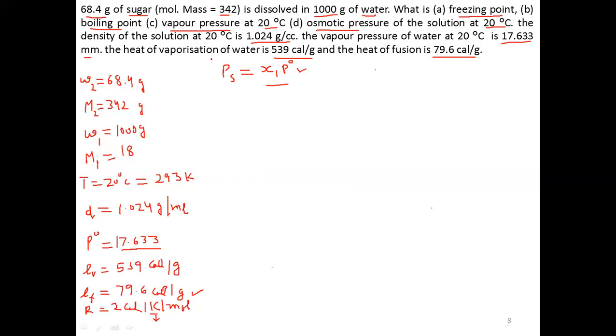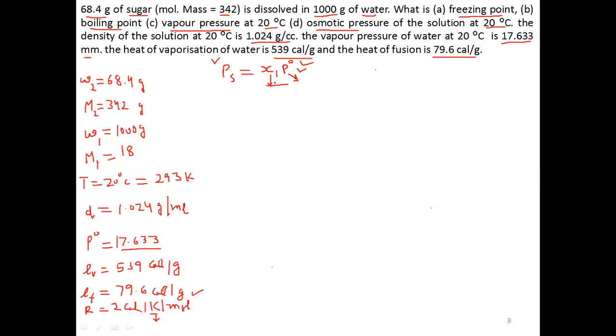So vapor pressure of solution will be only because of vapor pressure of the solvent in the solution, and that is given by Raoult's law, which states that the vapor pressure of any component in solution is equal to vapor pressure of pure component multiplied by its mole fraction.